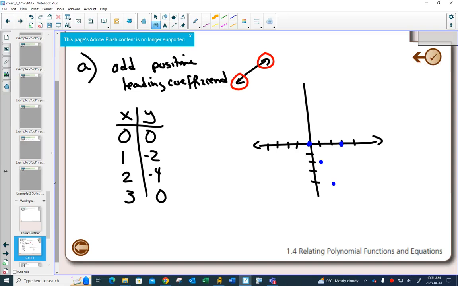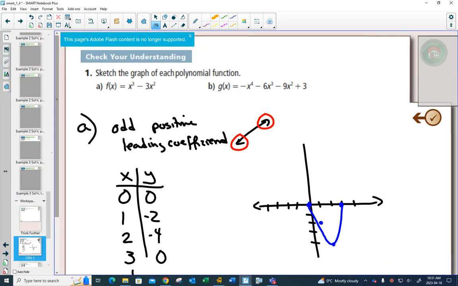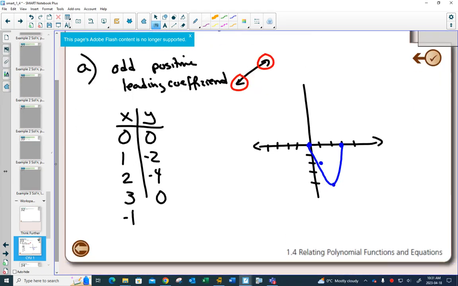One of the things that's annoying about a table of values is you might feel you have to do a lot before you're done. Okay? So maybe I'm like, well, first of all, it kind of looks like I have this right now, right? That part is good. Because I can sort of connect dots in between, but I don't know where the rest of this graph is going. So I might plug in another number like negative 1, and negative 1 would be negative 4.